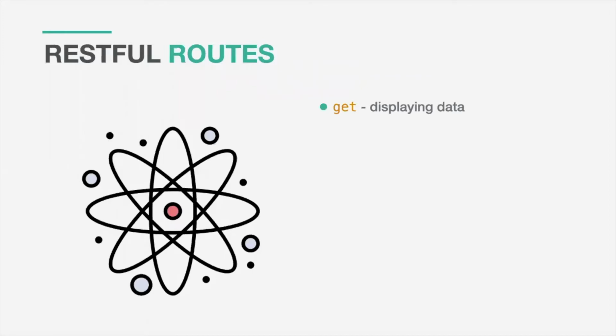If you remember when we wrote our routes, we would start with the Route class, and then we would do the double colon. This is to access a static method, and then we'd write get, right? And then we'll put stuff inside of there. That's how we were writing our route. So that is the get method, and that is generally for displaying data. That's what we use the get HTTP verb for.